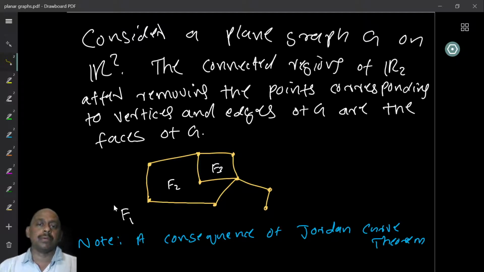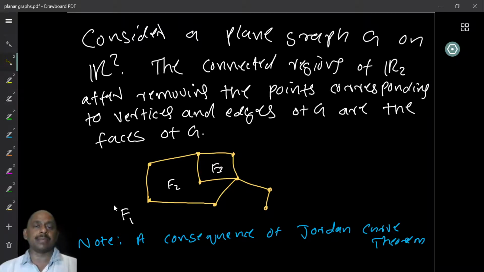So when you take any embedding of a planar graph on the plane, you can talk about the faces of the graph. The faces are the external face, the outside face, and then the internal or bounded faces.